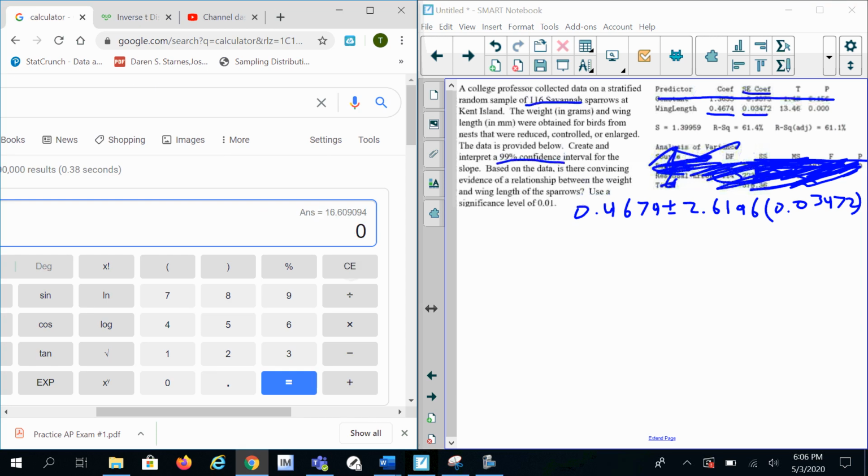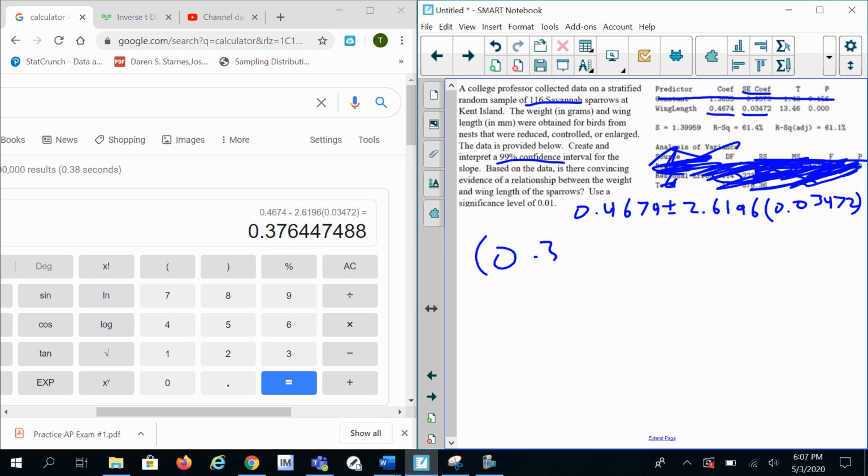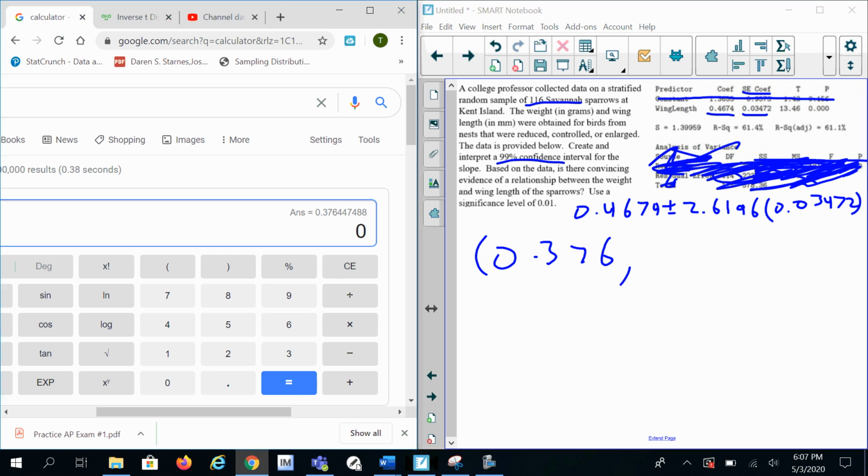So let's go back to our calculator, do 0.4674 minus 2.6196 times 0.03472. So there's our lower for the slope. 0.376 is fine. Let's do the upper. 0.4674 plus 2.6196 times 0.03472, and the upper is 0.558.